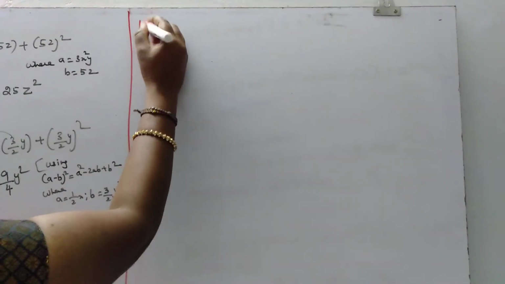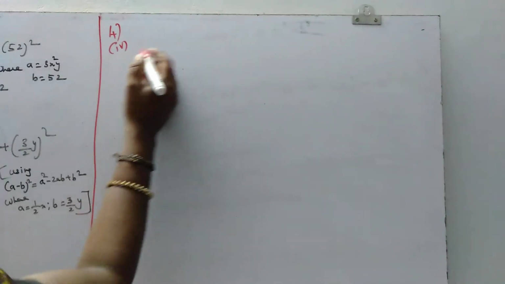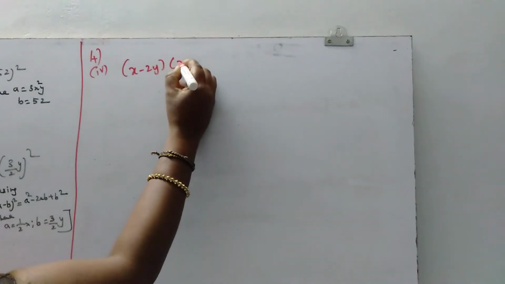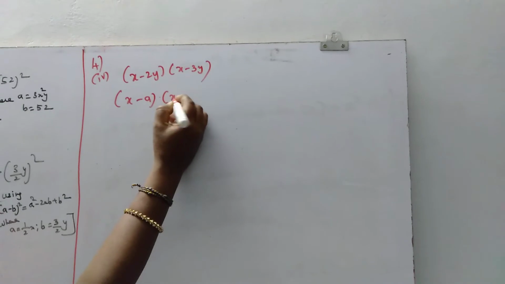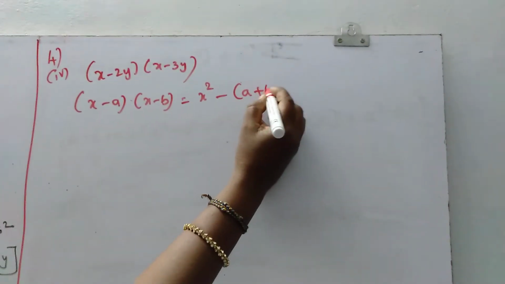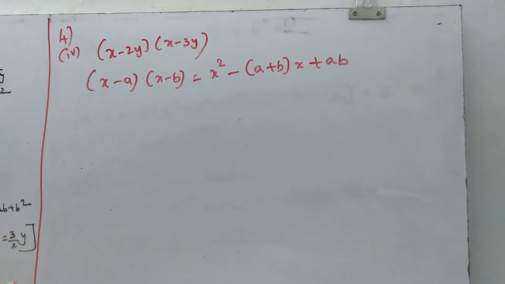The next one is question number 4, fourth subdivision. So which is what? x minus 2y into x minus 3y. This is in the form x minus a into x minus b, which is equal to x square minus a plus b into x plus ab. Okay.